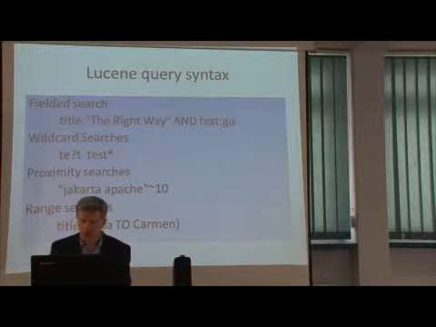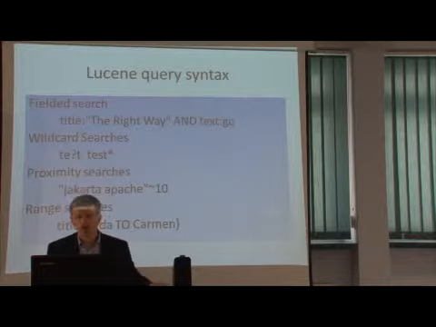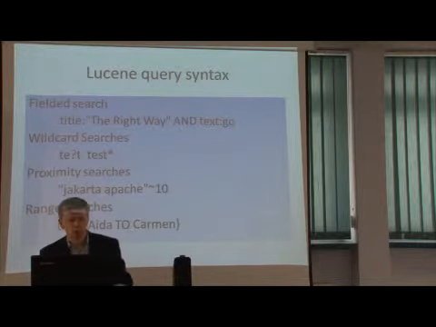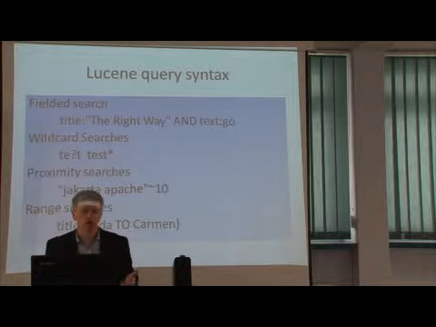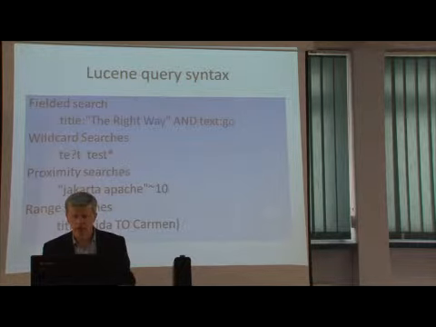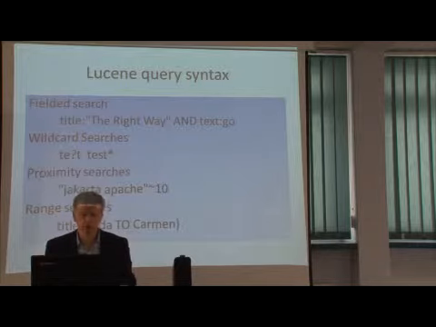All right, so let's talk a little bit about Lucene query syntax. Before, we saw the Boolean syntax, which was relatively simple: and, or, not, and parentheses. Lucene allows you to do fielded search, so you can say that the title should have the right way and the text should have go.